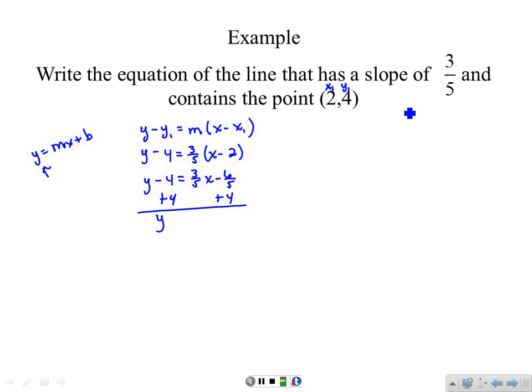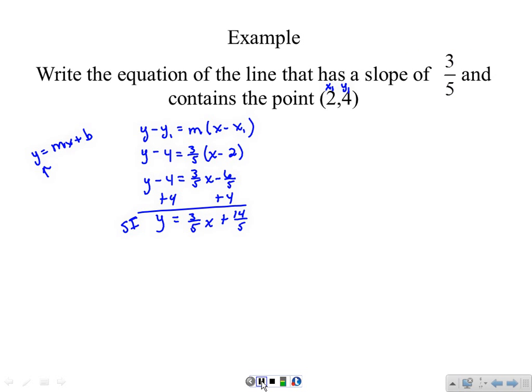So we'll have y is equal to 3/5 x, and then in your calculator, negative 6/5 plus 4 is going to be plus 14/5. And again, you can just put those fractions in your calculator. So again, that is slope-intercept form.